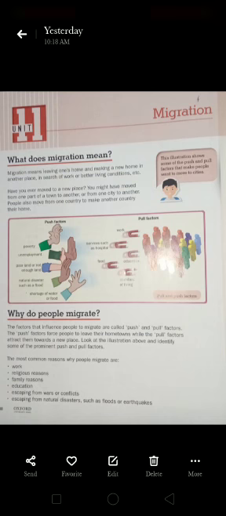And the religious reason. Because of religious reasons people migrate. An example is that after the partition of India, which we discussed earlier, in 1947, people were crossing the Pakistan-India border.